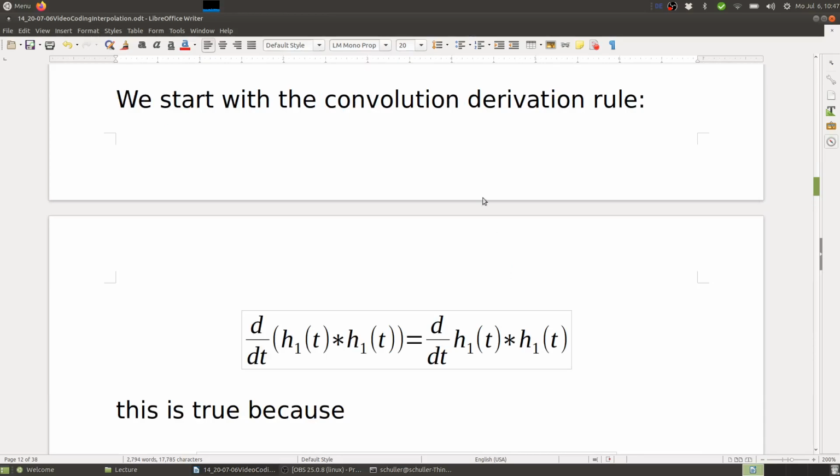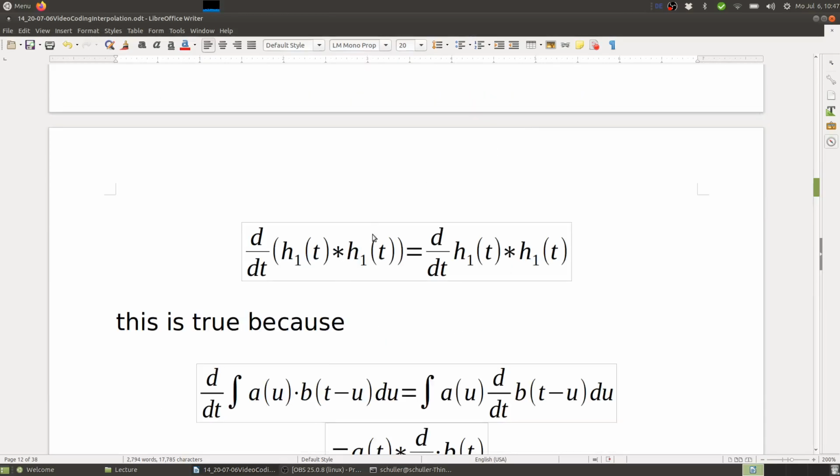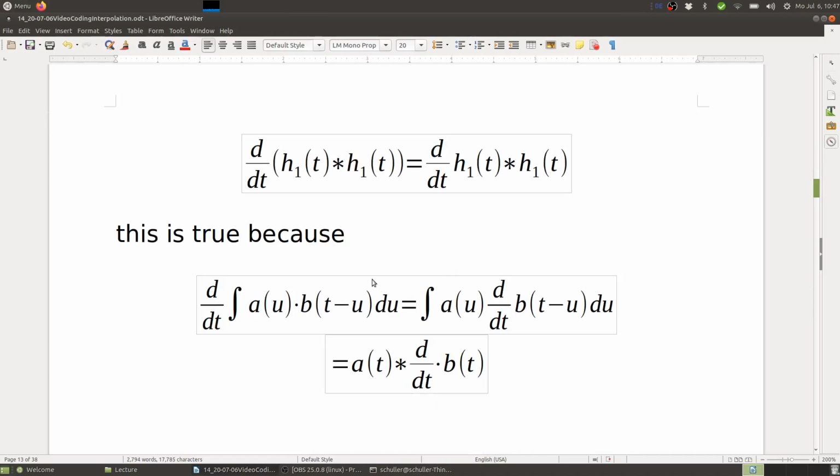So we start with a convolution derivation rule. When we have a convolution of 2 functions, h1, for instance our box functions, and we take the derivative, this is the same as taking the derivative just of the first box function and then convolving it with the other one. You can see that this is true by plugging in the definition of the convolution as this integral.